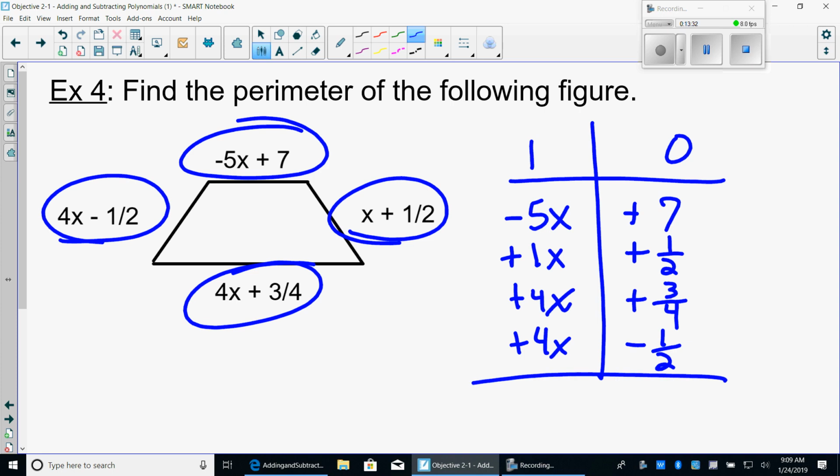Any questions? So in your calculators, if you put in -5 and hit the plus key, plus 1, plus 4, plus 4, it should give you 4x. Okay, and then let me ask you here, what happens to the positive 1/2 and the negative 1/2? They just cancel.